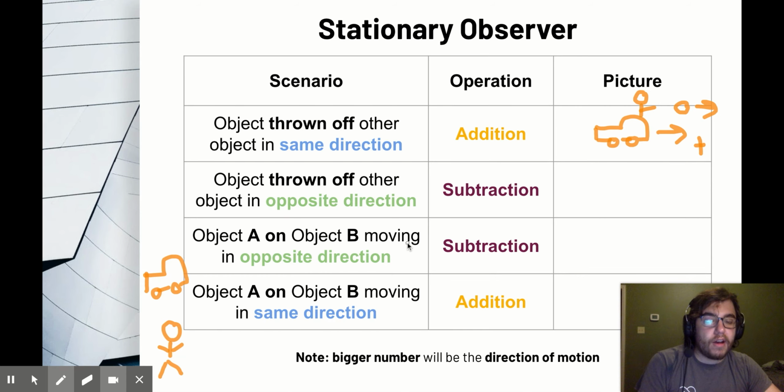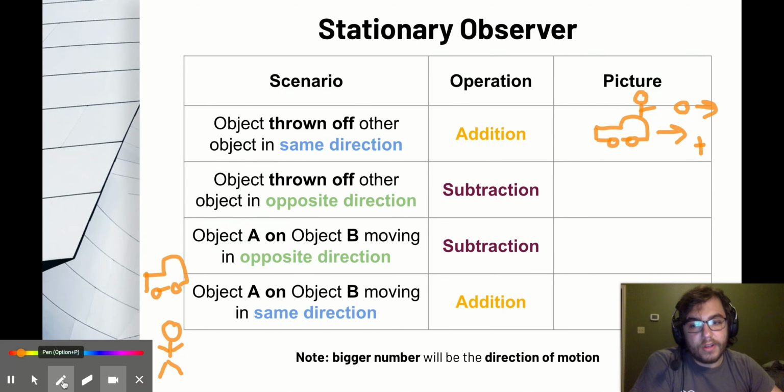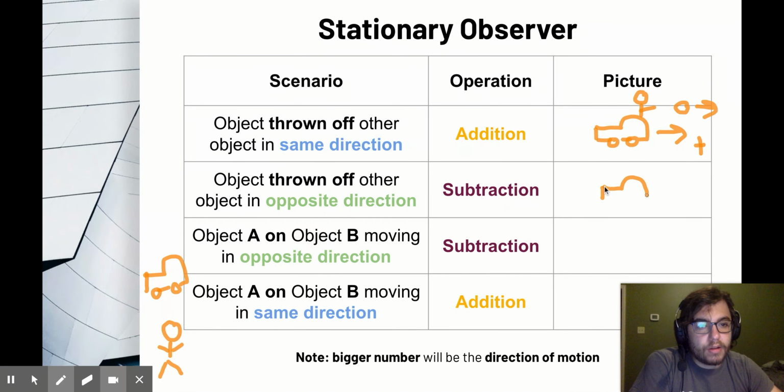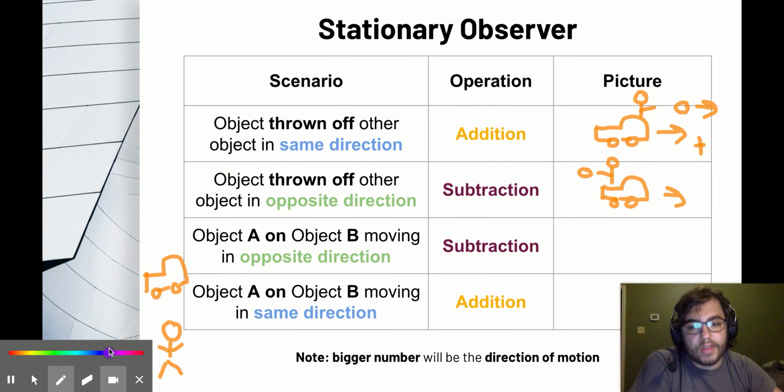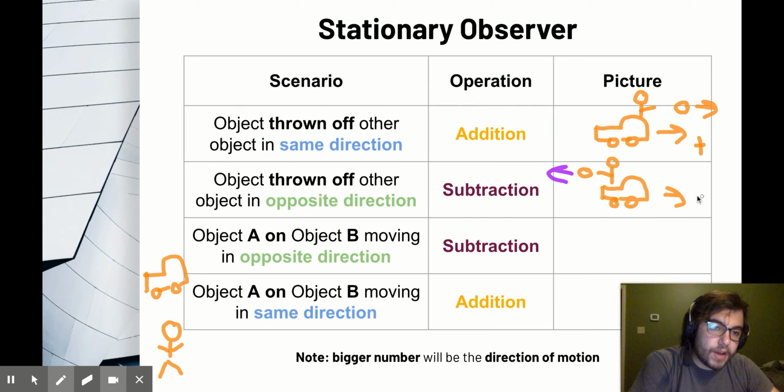Now, if we throw it off in the opposite direction, it will be like that Mythbusters video where the ball cancels out or loses some of its speed, because it was thrown in the opposite direction of the truck. So they're in opposite directions, and they will subtract from each other.